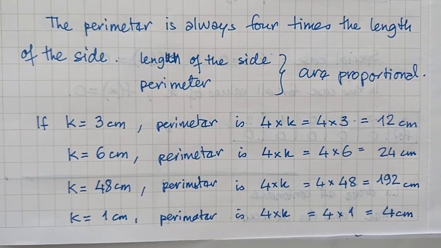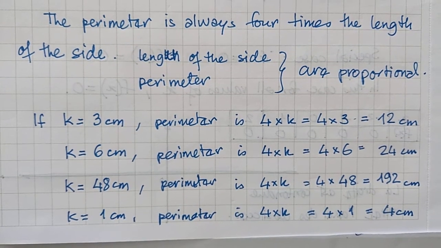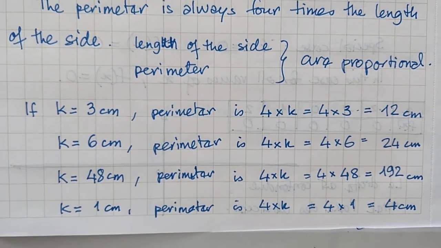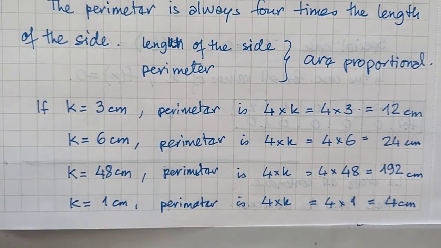Can we say the same thing about the area of a square? No. The area of the square is not proportional to its side. I have not written that, but I can write it out immediately.